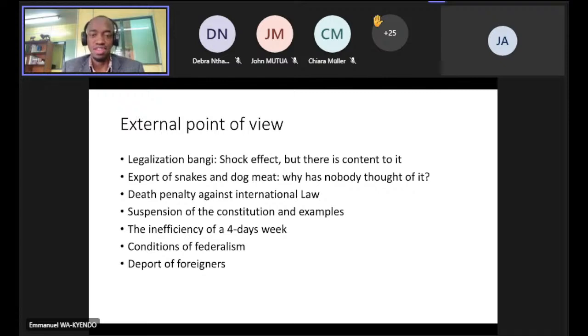This is a conversation that they have started in Kenya, and that we're now trying to frame. They have not made clear what iteration of this plant they want to legalize and for what use, just highlighting the very rough way that they have started the conversation.